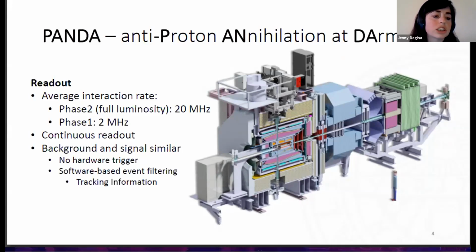In earlier stages, phase 1, the interaction rate will be about 10 times lower, about 2 megahertz. This is the range where I will be focusing, the lower interaction rates.